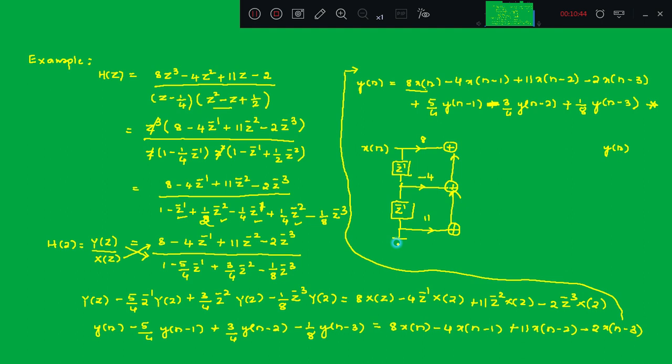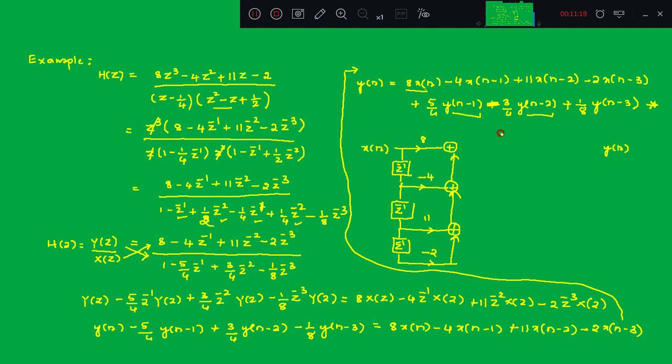So again I have to take one more delay element, and this x of n minus 3 is scaled by minus 2, and this will add here. Right. Next, the output not only depends upon the present input as well as past input, it also depends upon the previous outputs also. What are the previous outputs? Y of n minus 1, which is scaled by 5 by 4, y of n minus 2 scaled by minus 3 by 4, and y of n minus 3 scaled by 1 by 8.